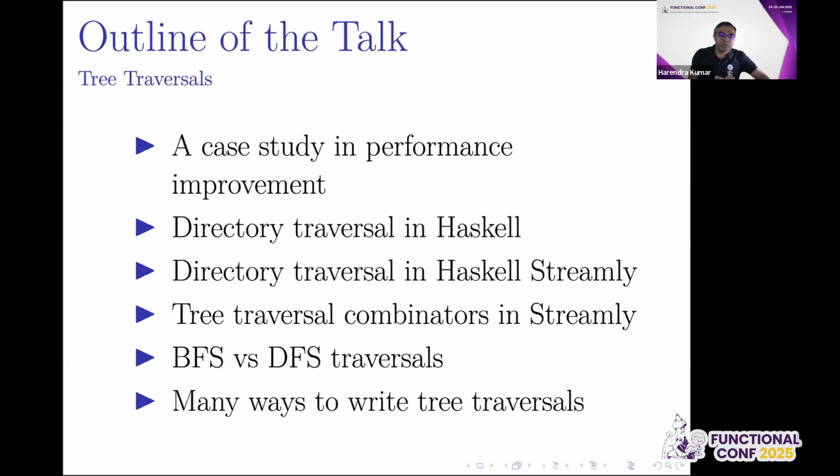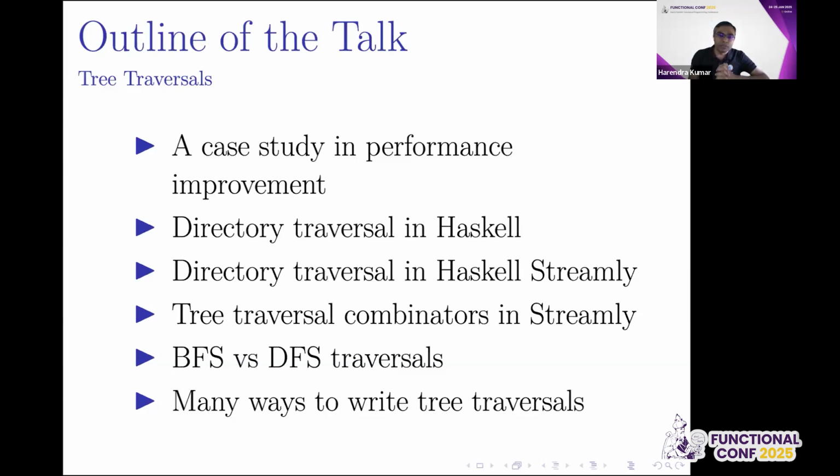In this talk, we'll talk about a simple program for a directory traversal in Haskell, then improve it incrementally, bit by bit, and get to performance that is close to the level of C or even better than that. We will talk about first a simple plain Haskell directory traversal, then write it in Streamly in a streaming manner.